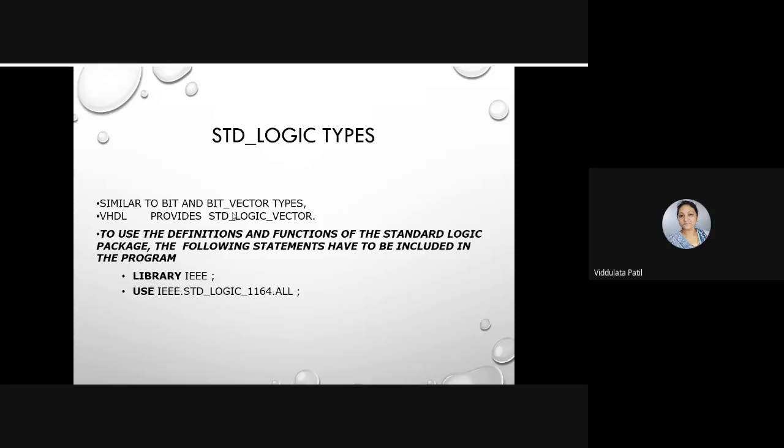Whenever you want to use these data types, you need to include this library in your program. Then only you can mention these data types. You need to declare library IEEE in your program, and then add the package std_logic_1164.